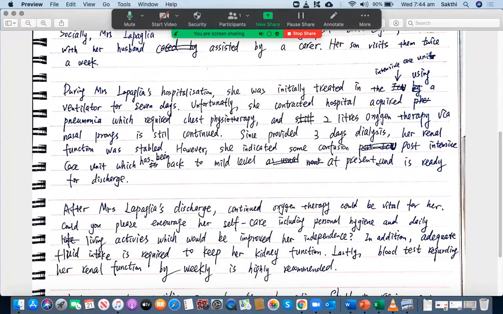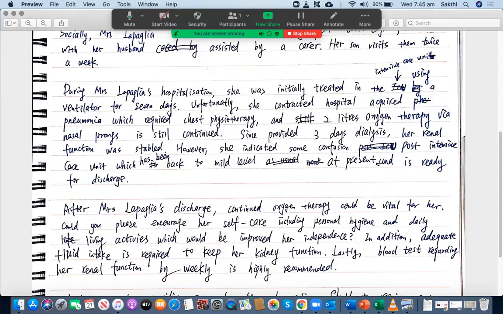Her renal function was stable. Okay. However, she indicated some confusion post-intensive care unit. No, it's not post-intensive care unit. Maybe say after her stay in intensive care unit, which was back to mild level at present and is ready for discharge.